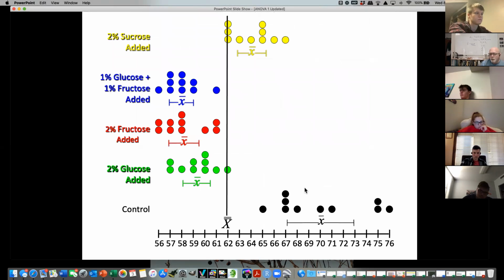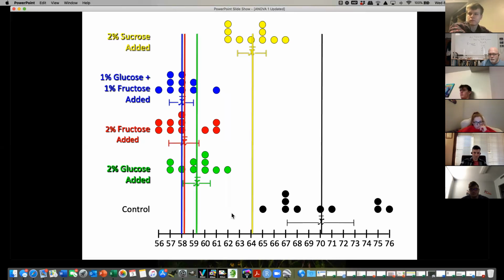So we can ask, to what degree is the control mean different from the grand mean? To what degree is the 2% glucose mean different from the grand mean? Red mean different from grand mean? Blue mean different from grand mean? Yellow mean different from grand mean? That then tells us how each of these treatments differ from the grand mean.